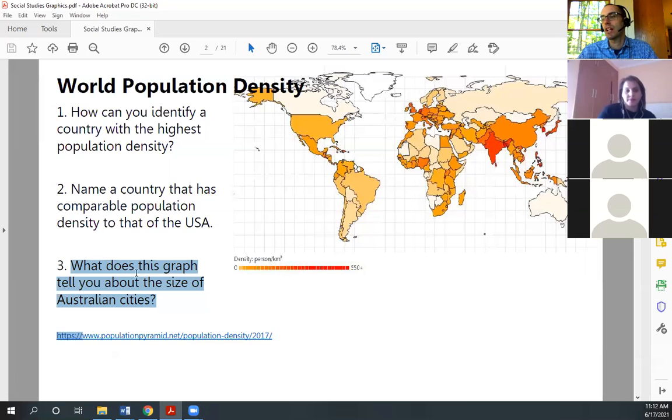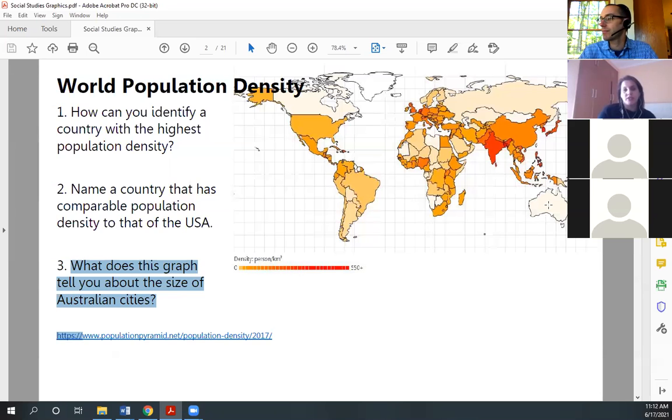So maybe I should change this question. It's not a very good question, but this doesn't tell you about Australian cities. You might look at that and say, well, there must not be any cities in Australia, but there are. What there's a lot more of is just empty space where nobody lives.